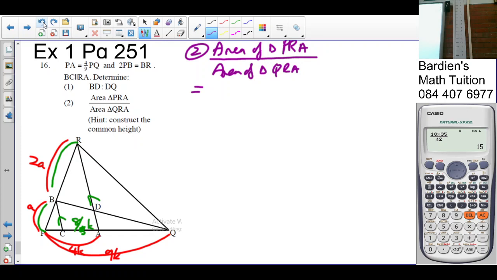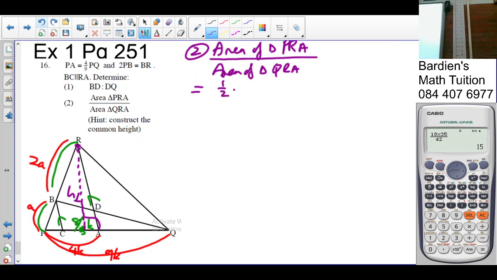common height. So what we do is construct the height from R perpendicular to PQ; let's call this our perpendicular height. So the area of triangle PRA is going to be: how do we calculate the area of a triangle?